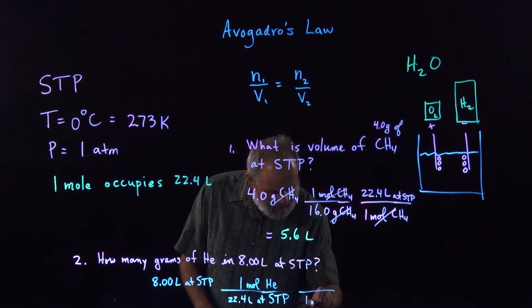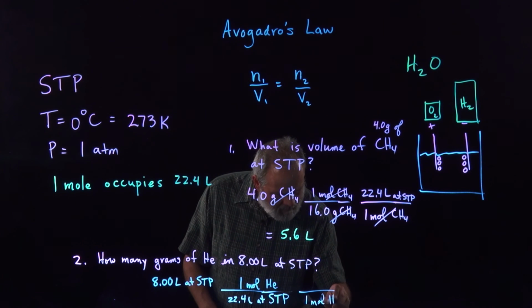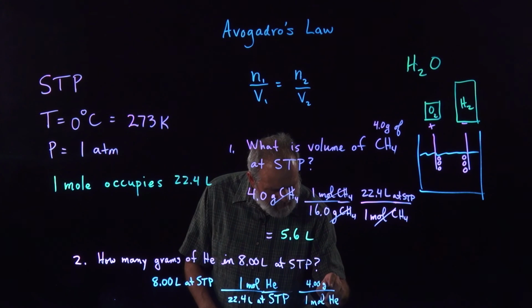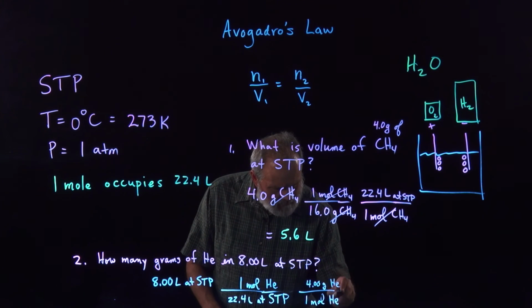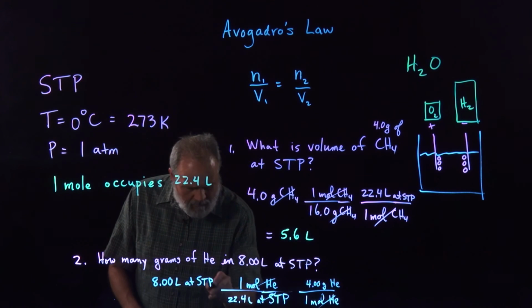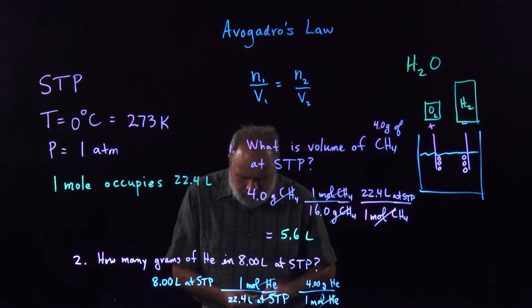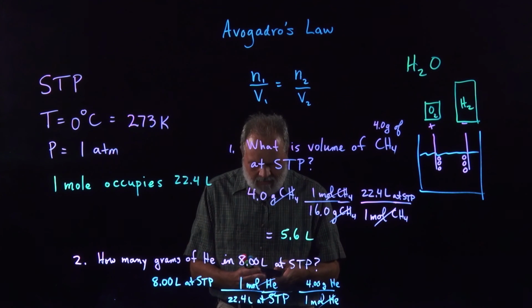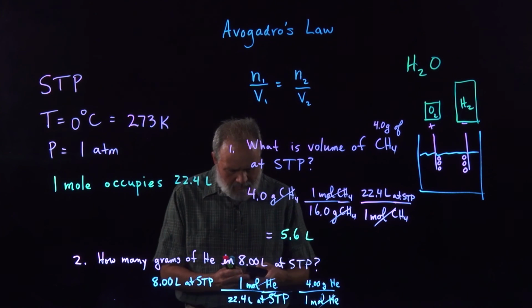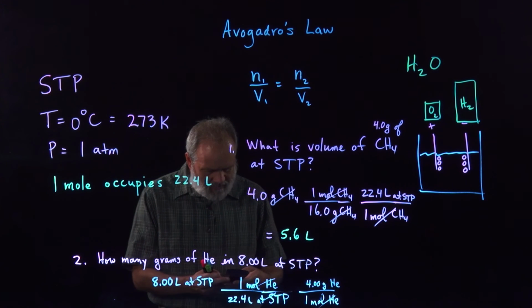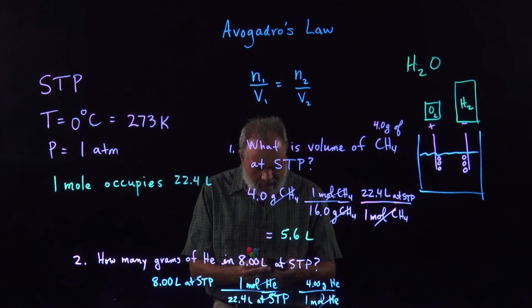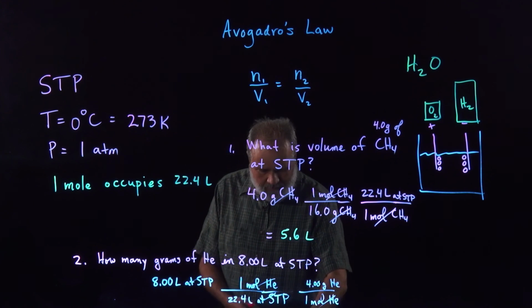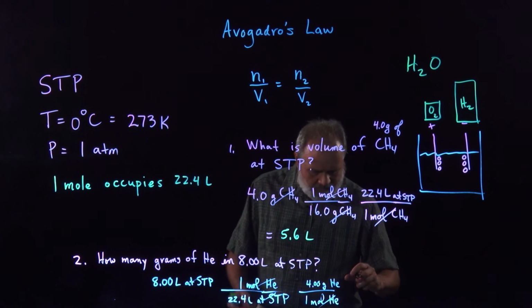And then 1 mole of helium is 4.00 grams of helium. And the final answer is 8 divided by 22.4 times 4, 1.43. That's close to 4/3, which is 1.33.